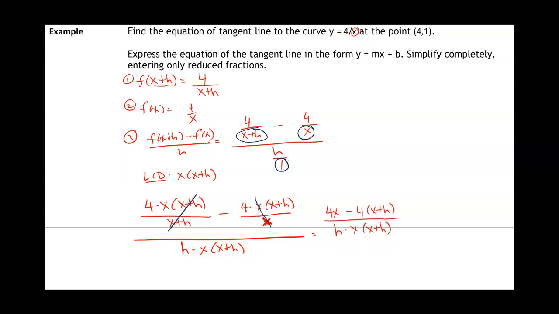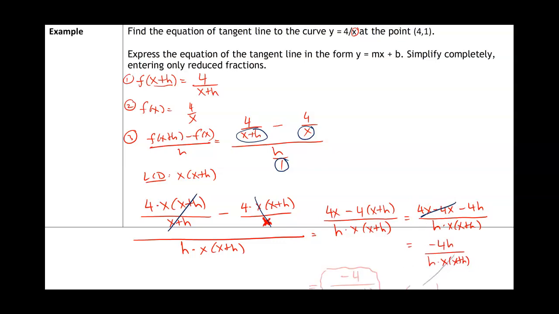So let's simplify this a little bit. The x plus h is crossed out. We're left with 4x. And then here, the x is crossed out, so we're left with negative 4 times x plus h. Be sure to bring the negative along with the 4. The next step is going to be to distribute. So if I distribute this, this is going to give me 4x minus 4h. And then the 4x and negative 4x, we can cross those out. They add to 0.